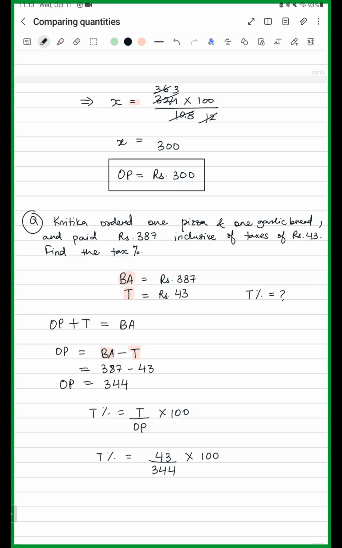See how much it is becoming? No, I told you, don't touch the 100. Don't touch it. It will be helpful in removing the decimal point. So 43 and 344.